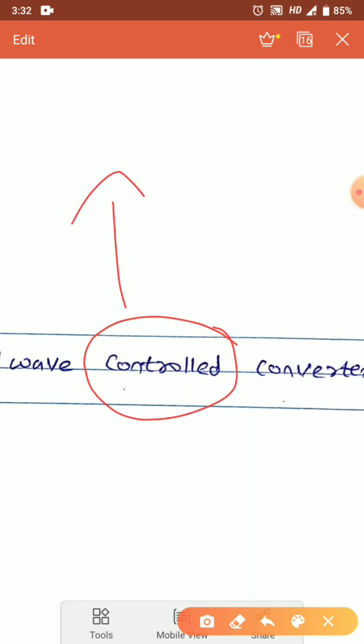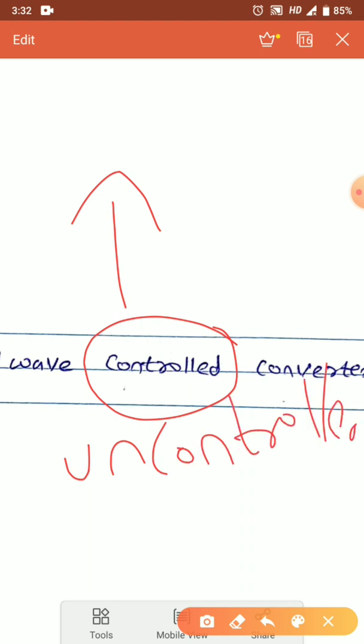The next is controlled. As we were classifying the switches, we saw different categories: uncontrolled and controlled. So this control term can be replaced with uncontrolled. Uncontrolled means that I am using diodes in this converter.